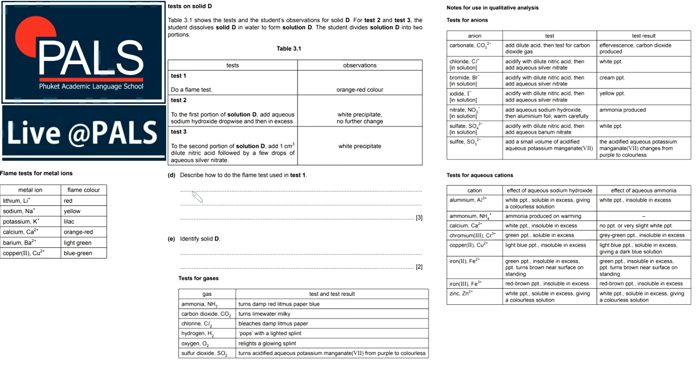So describe how to do the flame test. All right, okay. So we need to know how a flame test is conducted. So there are 2 ways.